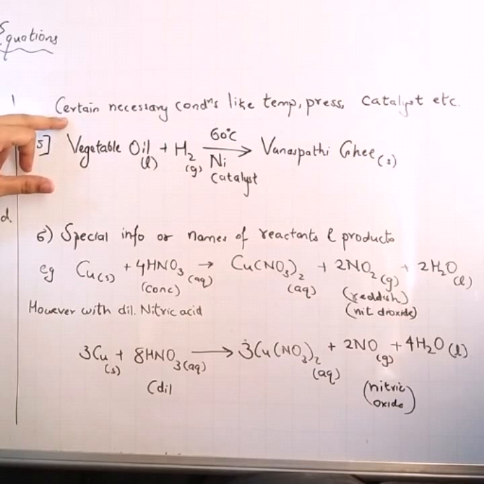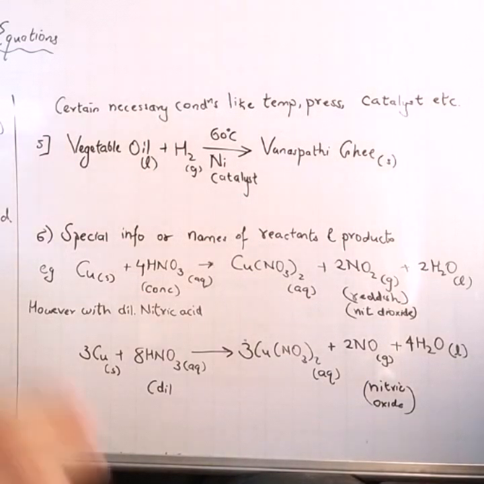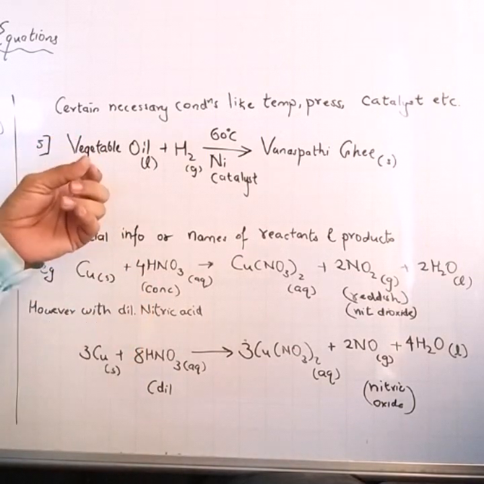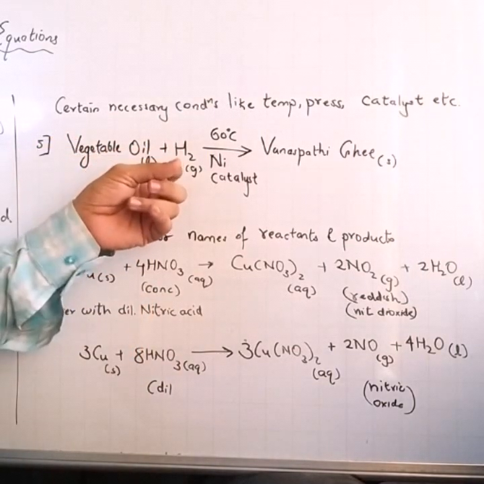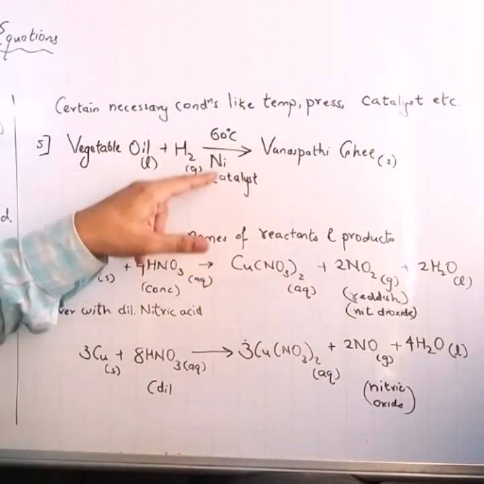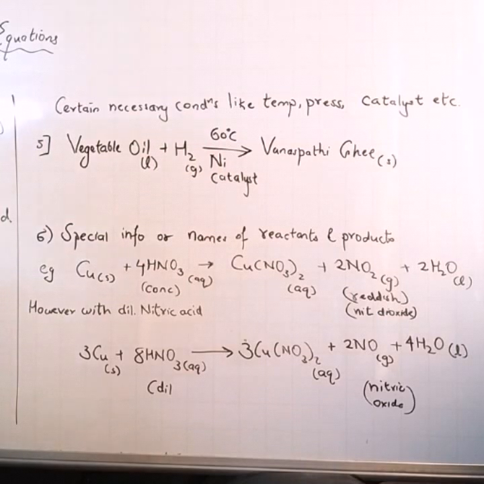I repeat once again, sometimes certain necessary conditions like temperature, pressure, catalyst are required to carry out a chemical reaction, and they have to be mentioned in the chemical equation. And when vegetable oil is reacted with hydrogen, we get vanaspati ghee, but the conditions are that temperature should be maintained at 60 degrees Celsius and nickel is used as a catalyst.